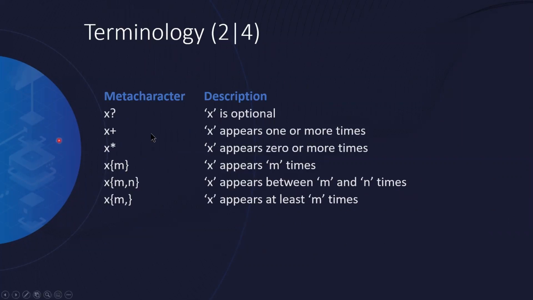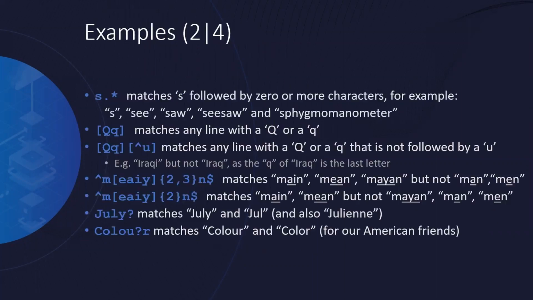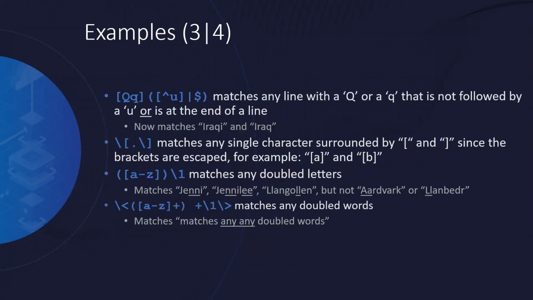There we go. Plus appears one or more times. So let's go back to where we were. Here I've got an expression A to Z, so it's any letter. Plus means it occurs one or more times.